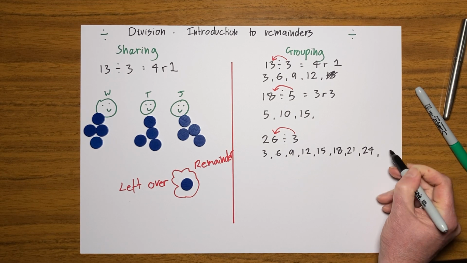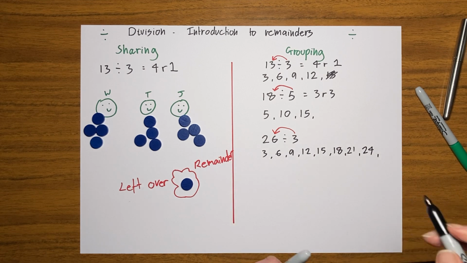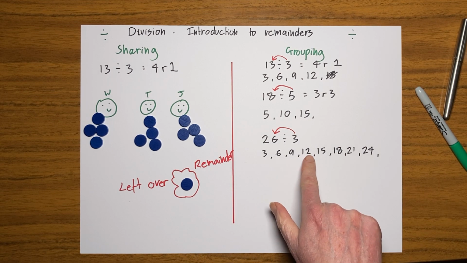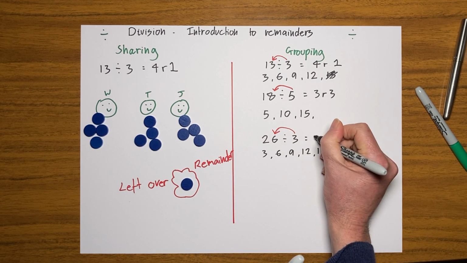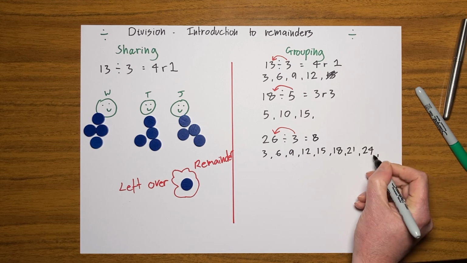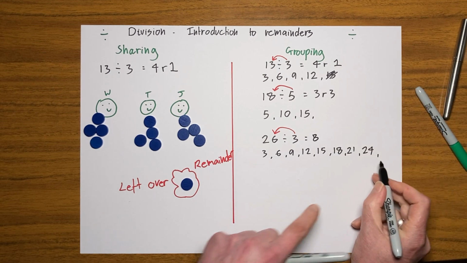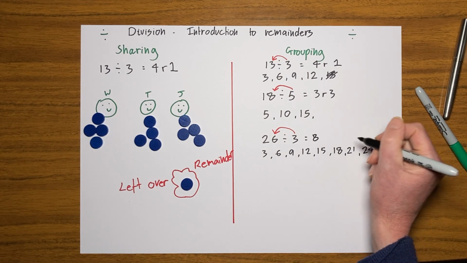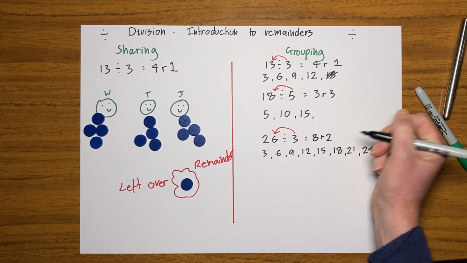Now the next one would be 27. I can't go up to 27 because I've only got 26. So let's see how many groups I've got. 1, 2, 3, 4, 5, 6, 7, 8. So I've got 8 groups. But that only took me to 24. So there must be 2 left over because it's 2 to get from 24 to 26. So I get 8, remainder 2.